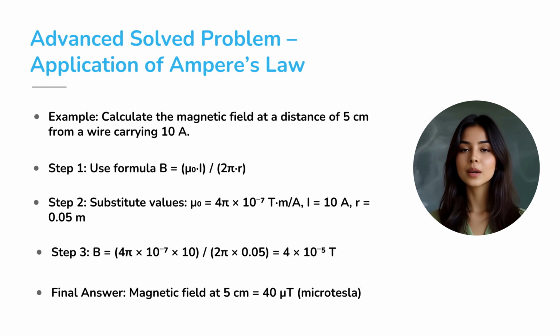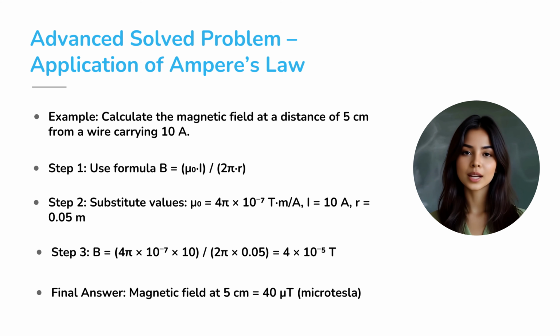The question is, what's the magnetic field at a distance of 5 centimeters from a long straight wire carrying 10 amperes of current? Step 1. Recall the formula: B equals mu naught times I divided by 2 pi r. Now let's plug in the values. Mu naught is 4 pi times 10 to the power of minus 7.